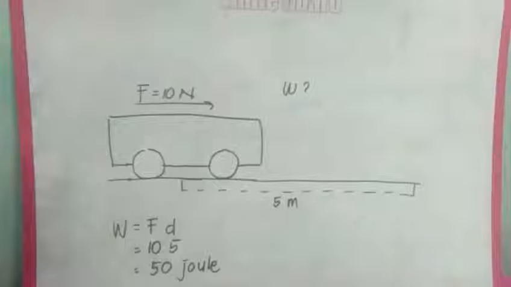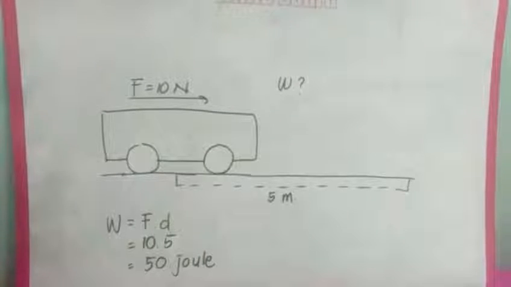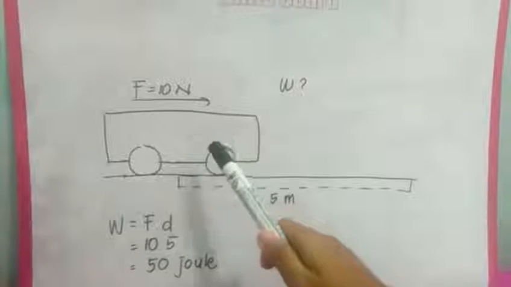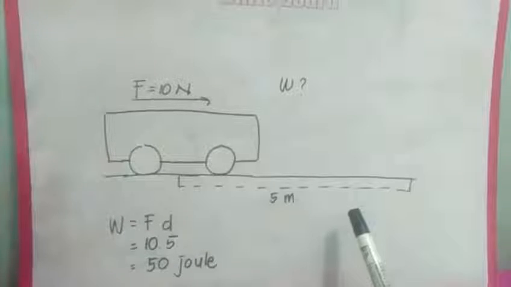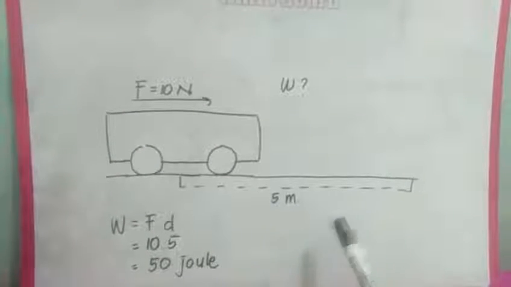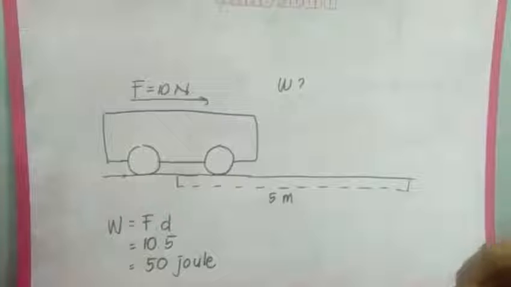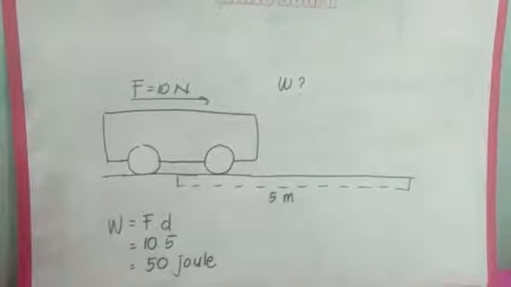You just say work is equal to the force parallel, again in the direction of that motion, times displacement, and since we are given a force of 10 newtons times the displacement of 5 meters, it's really simple to solve for that. So what is going to be our work? It is simply going to be 50 joules. 50 joules. Now that is the amount of work that was done on the car.